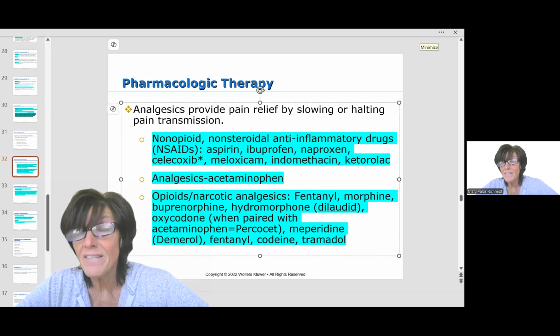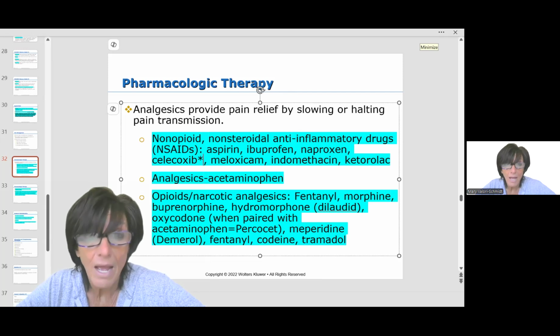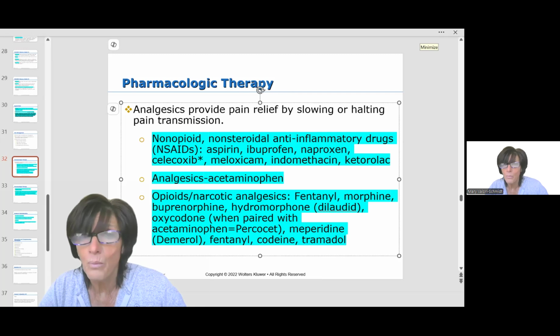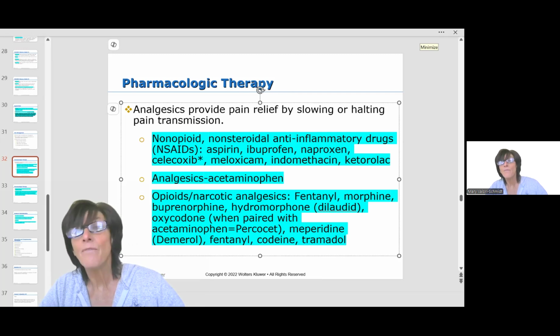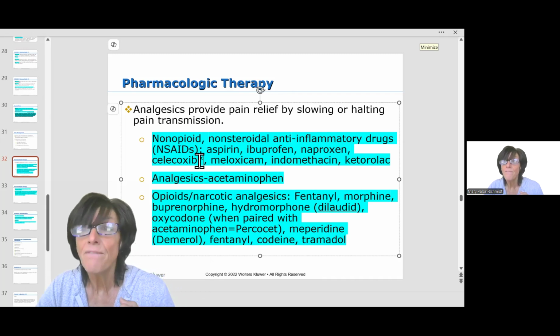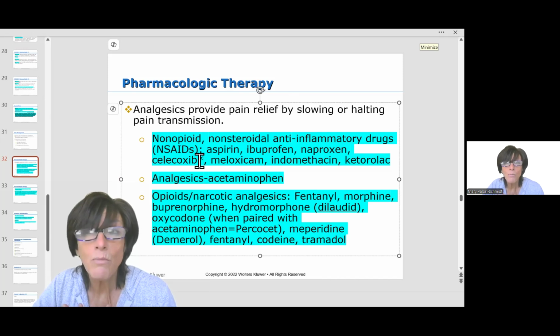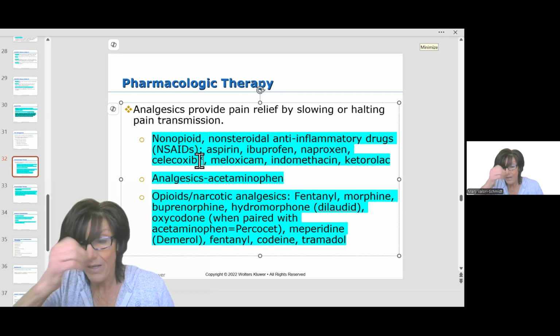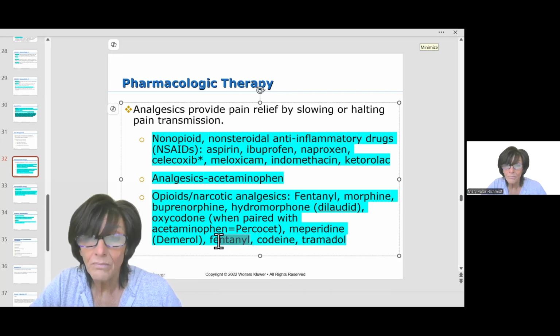Then other analgesics: acetaminophen, good old Tylenol, not anti-inflammatory, right? But it can help with some pain. And then we have our opioids or our narcotics. This list includes fentanyl, morphine, buprenorphine, hydromorphone, also known as Dilaudid, oxycodone, which when you put it with acetaminophen is Percocet, meperidine, Demerol, codeine, and tramadol.